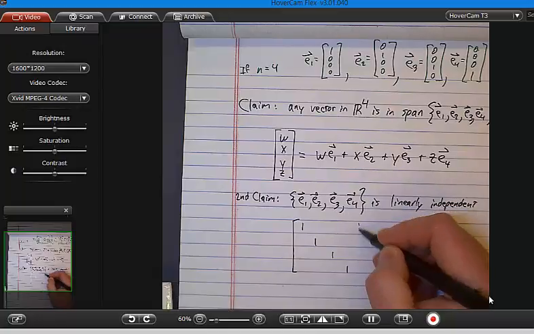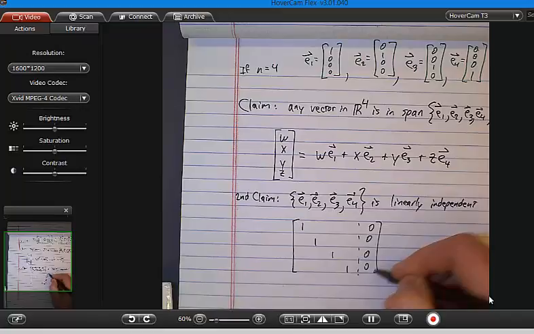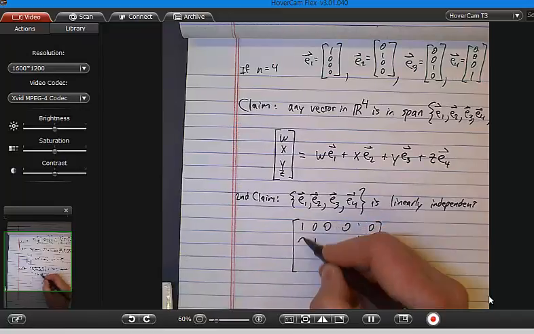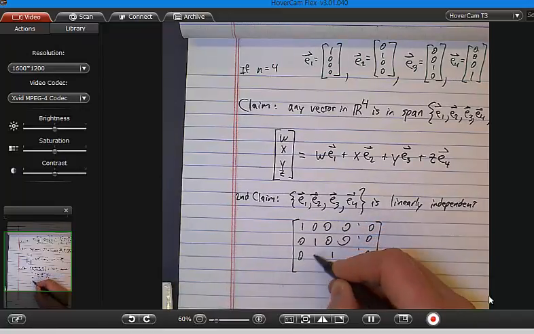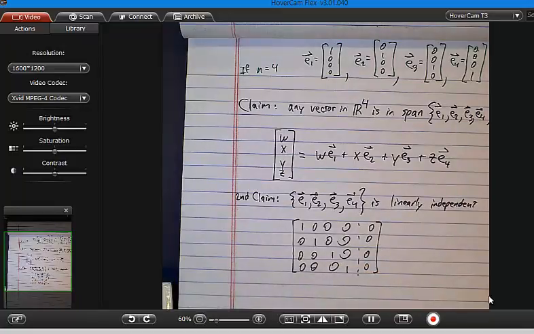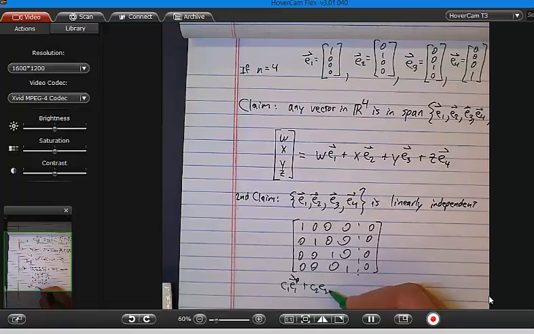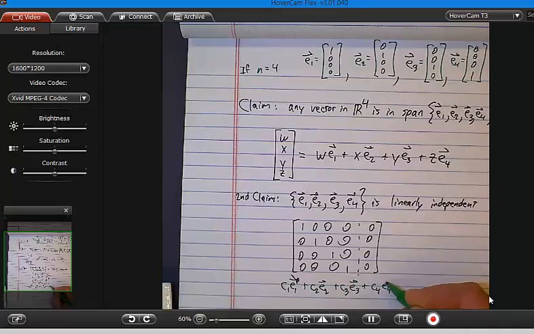I'm going to make the four vectors the columns of this matrix, right? And what I'm really doing here is I'm solving the equation C1E1 plus C2E2 plus C3E3 plus C4E4 equals 0. And what do I notice?